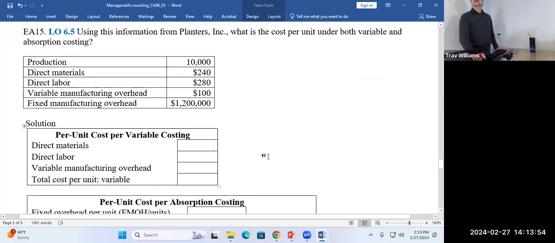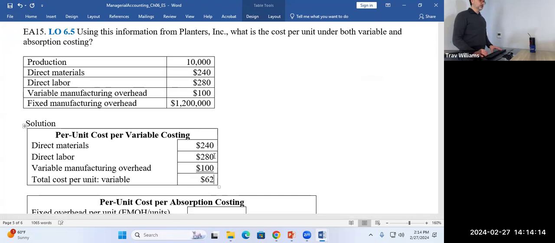Our direct material cost per unit, it says here, is $240. What is our labor cost per unit? 280? And what is our variable manufacturing overhead per unit? 100. So we add that together, $620. Is that right? Okay. That's pretty simple, right? Just plug in the numbers and add them up.